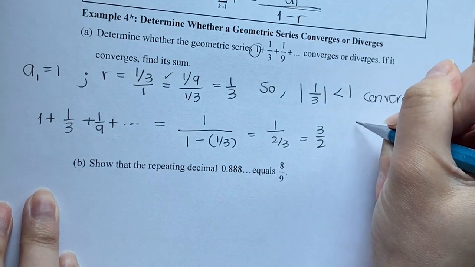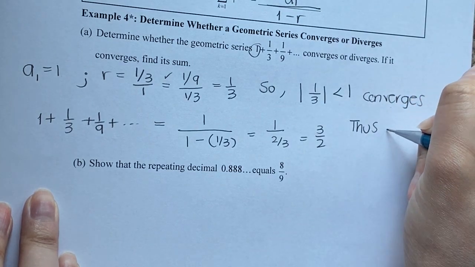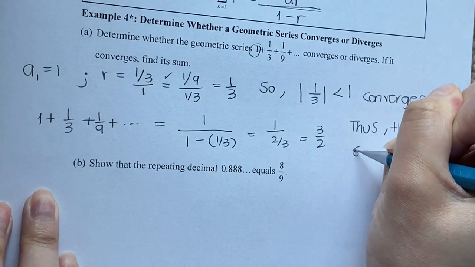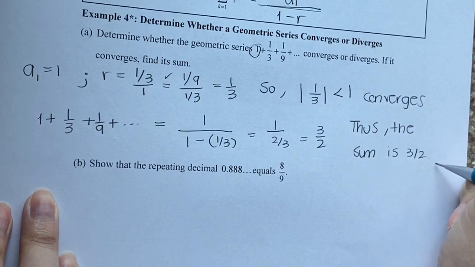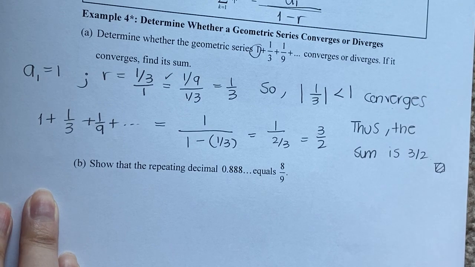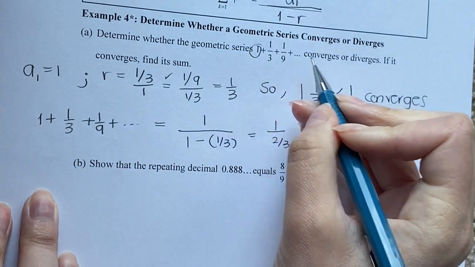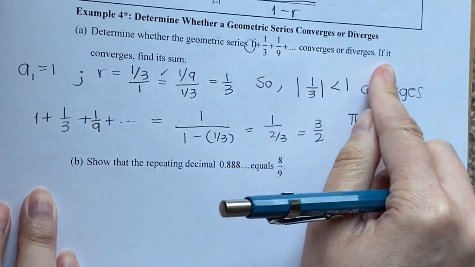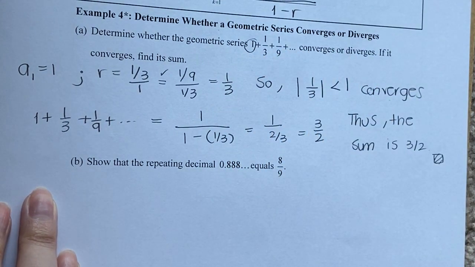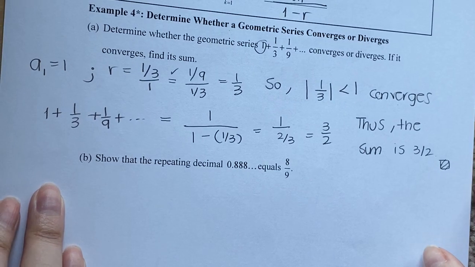So the sum is 3 over 2. Wow, can that happen? Yeah, it can happen. Why? It gets smaller and smaller, so the numbers tend to 0, and we're going to cover that next year in calculus.